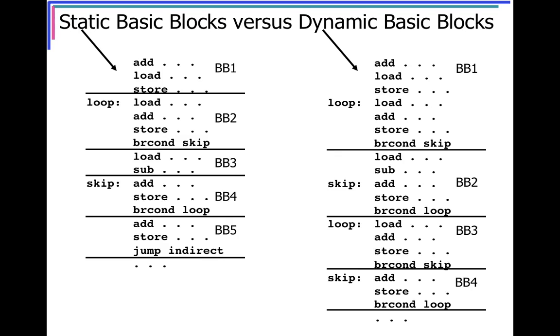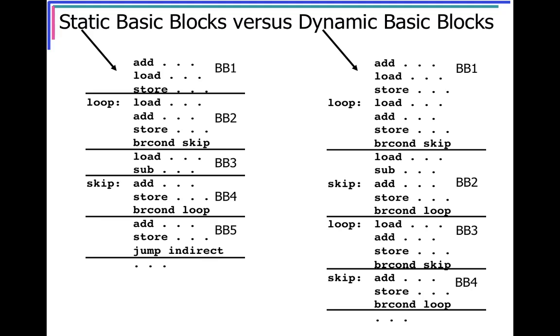I've included the labels from the static basic blocks on the instructions on the left so that you can see where the static basic blocks in some cases would have started. Because we're just simply executing, we have no notion of labels. We're just going to execute blindly until we hit a conditional branch or an unconditional jump. And that's what we're doing here.